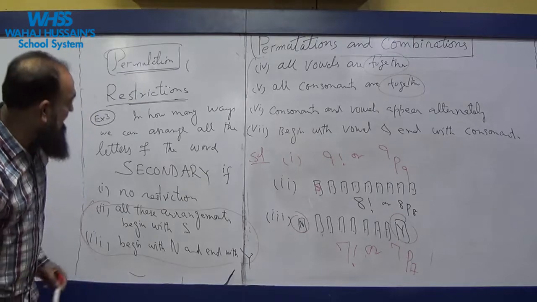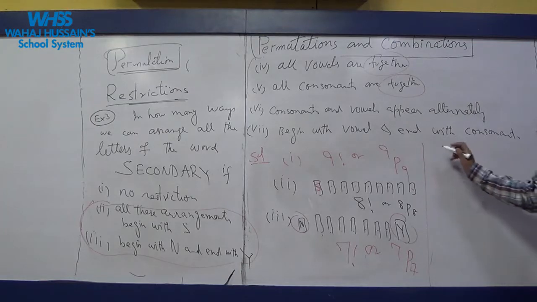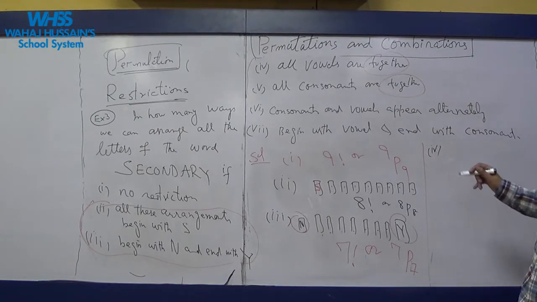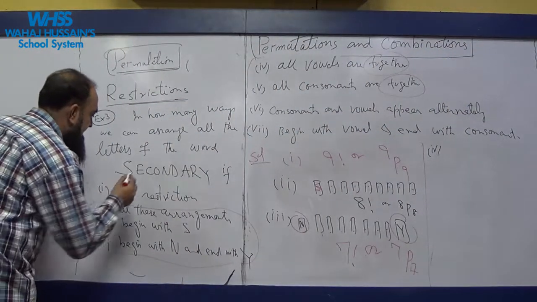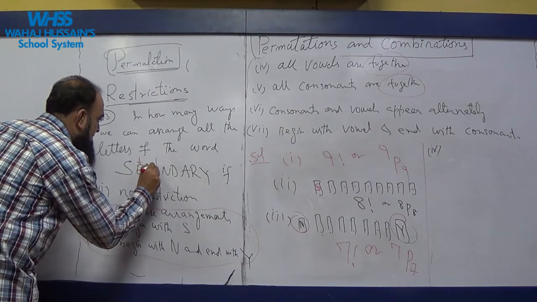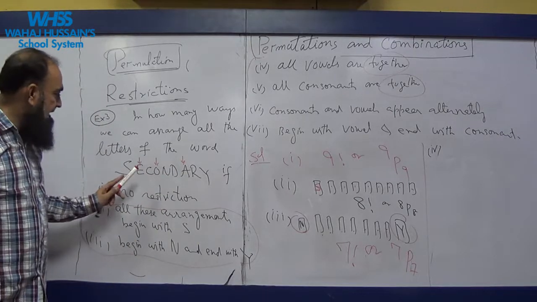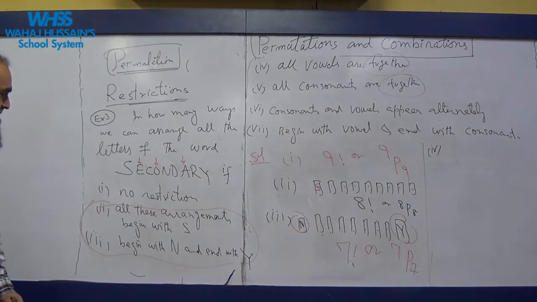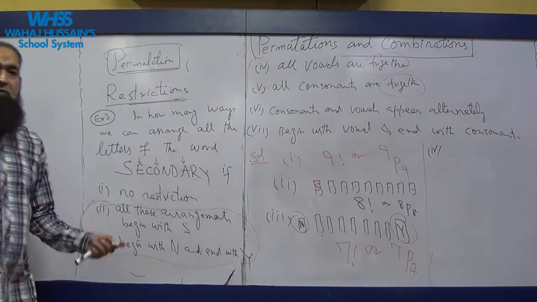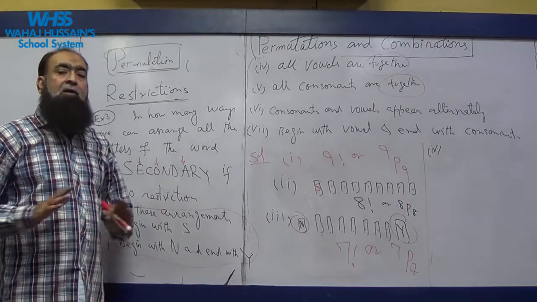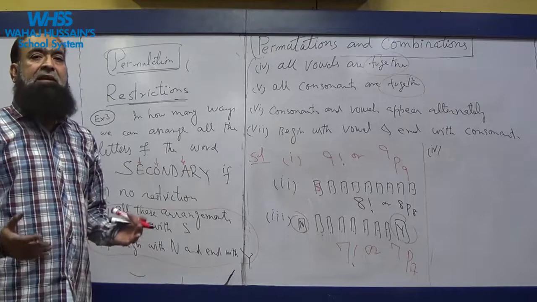Look at this. In part 4, look at the vowels. You can count the vowels: 1, 2, 3, there are 3 vowels over here. You can check again, E, O and A. 3 vowels are there, and S, C, N, D, R, Y are consonants. Consonants are the letters which are not vowels. In the English alphabet, we have 5 vowels and 21 consonants.